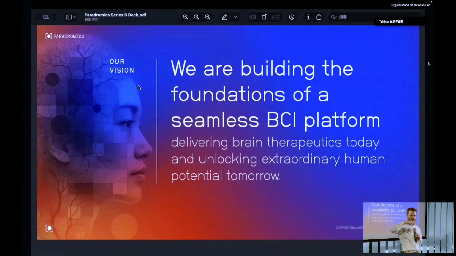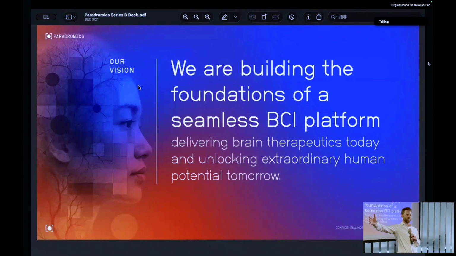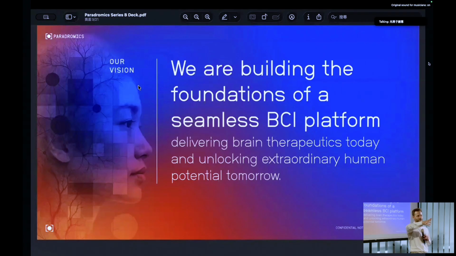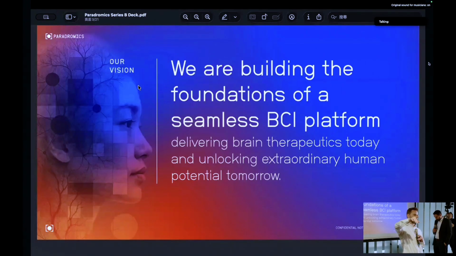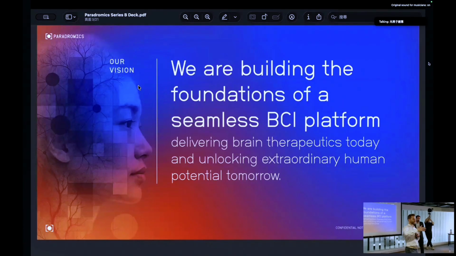Similar to semiconductor fabs, you're trying to build a platform that can scale architecture over time, which is what Paradromics has done. And they're going head to head with Elon to figure out whether we have an architecture that can scale electrode count better, so that ultimately we can go from restoring speech in ALS and paraplegics all the way to restoring vision or even augmenting vision.